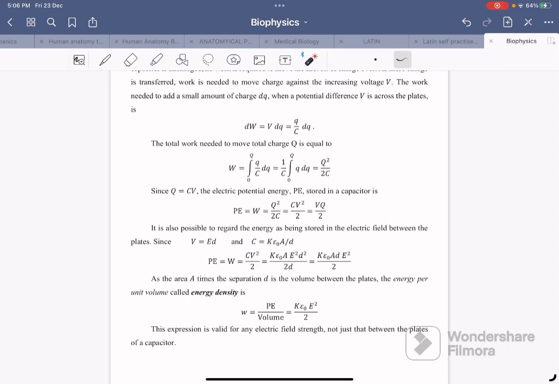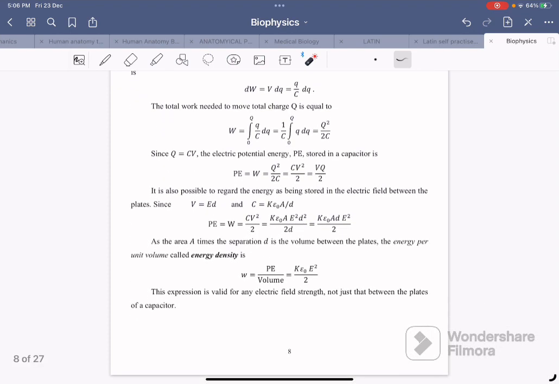But according to Indian authors, energy density is sometimes denoted by something like this. Yes, alright, but it depends on the author. So for me, I refer to this.